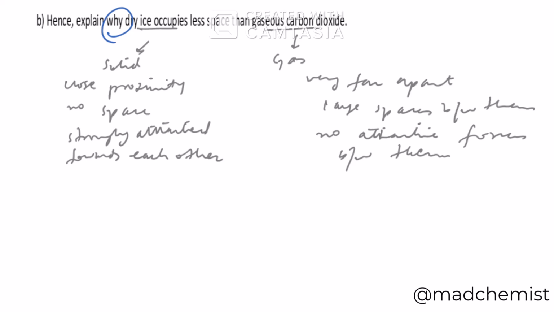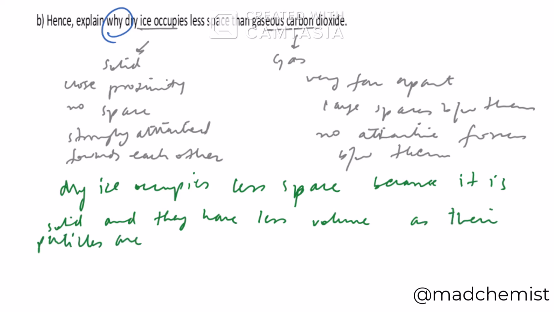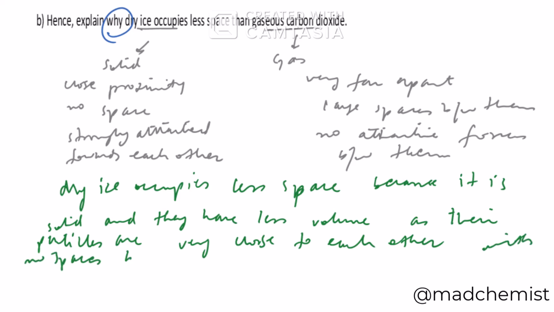So dry ice occupies less space because it is solid and they have less volume as their particles are very close to each other with no spaces between them.